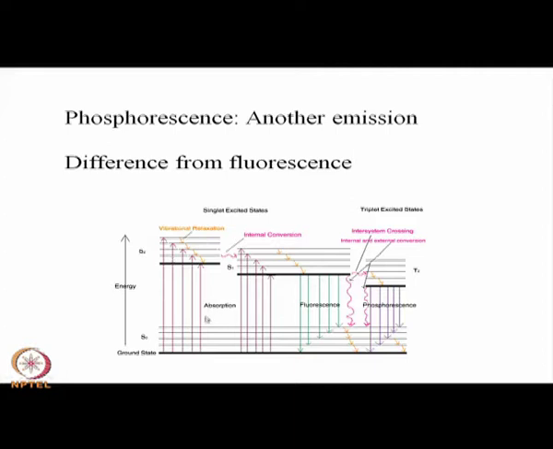This is the absorption process, that is, transition from ground state to S1 or S2, that is S0 to S1 or S0 to S2. These are the associated vibrational levels. And of course there is another level close to this singlet, whose multiplicity is different. This is singlet, this is triplet, 2S plus 1 equal to 3, and this is 2S plus 1 equal to 1. These are the associated vibrational levels.